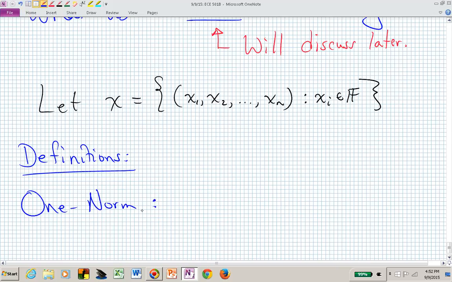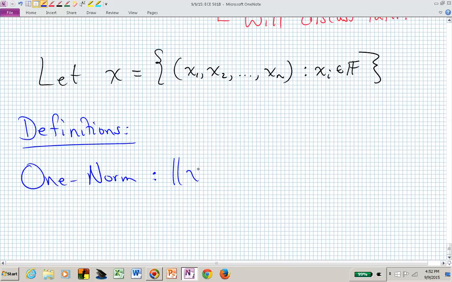The one norm. So the norm I'm going to represent by two vertical bars, and I'm going to specify the type of norm by the subscript on the lower right. This is the one norm of x. What is that? That's the sum. So the answer was okay. I'm going to try to make it a little bit more precise.